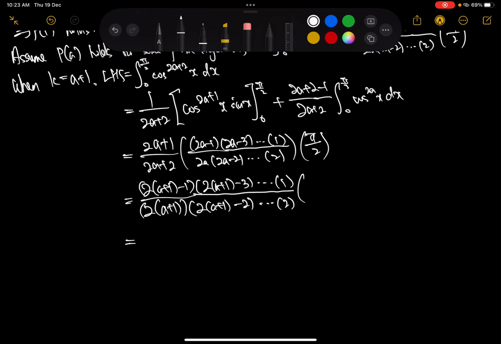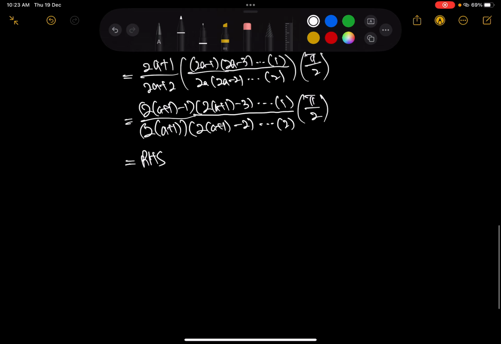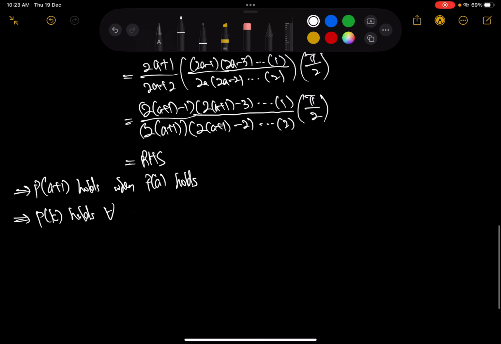So obviously we have the pi over 2. This is equal to right hand side. So we have Pa plus 1 holds when Pa holds, which implies Pk holds for all positive integers k.